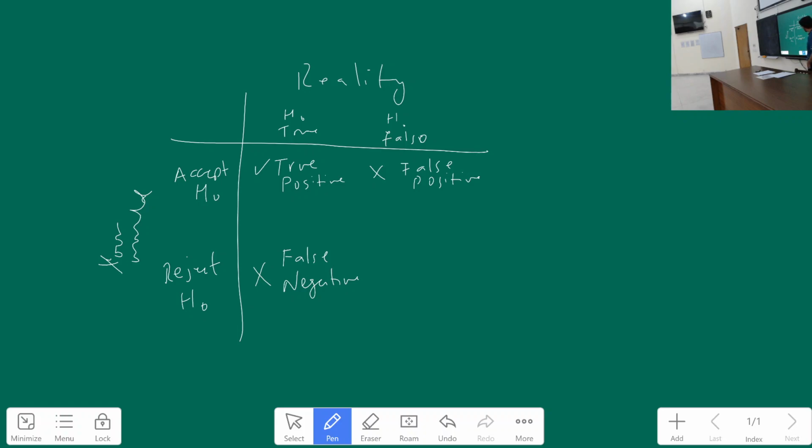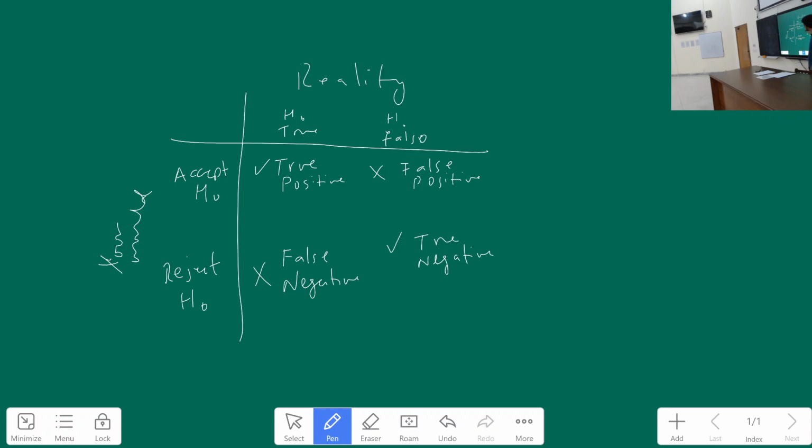What about this? This is correct because you said H naught is not right, and the reality was that H naught was, in fact, false. So this was true negative. You said it's false and it was truly false. So where do you want to be mostly? On this diagonal.